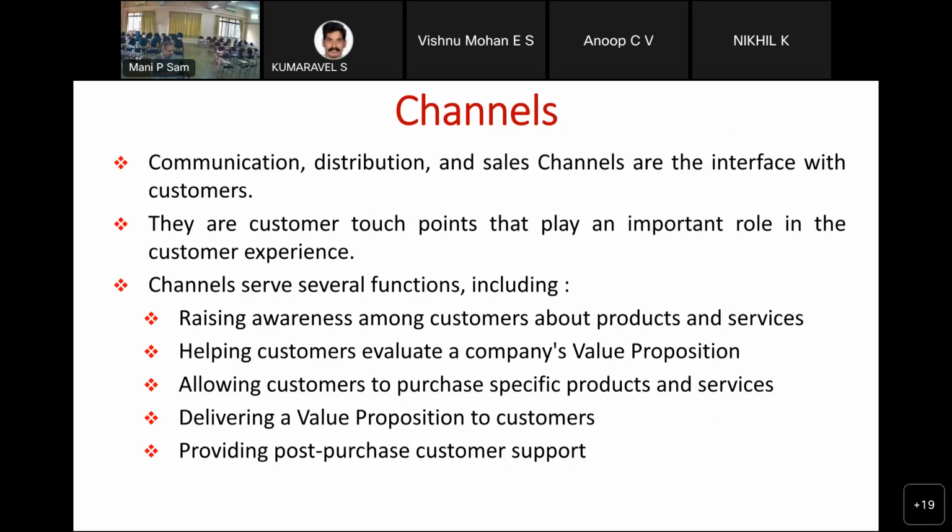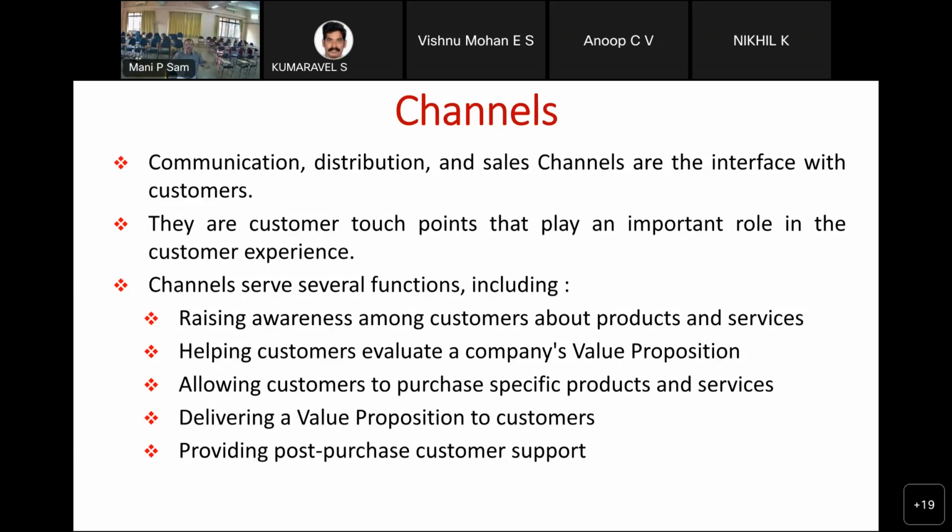Because please remember, your customer is not sitting there just waiting for your inputs alone. He has so many other things to do. He has many businesses and activities he himself has to carry out. So there needs to be somebody in touch with him, saying, hello, this one is there.